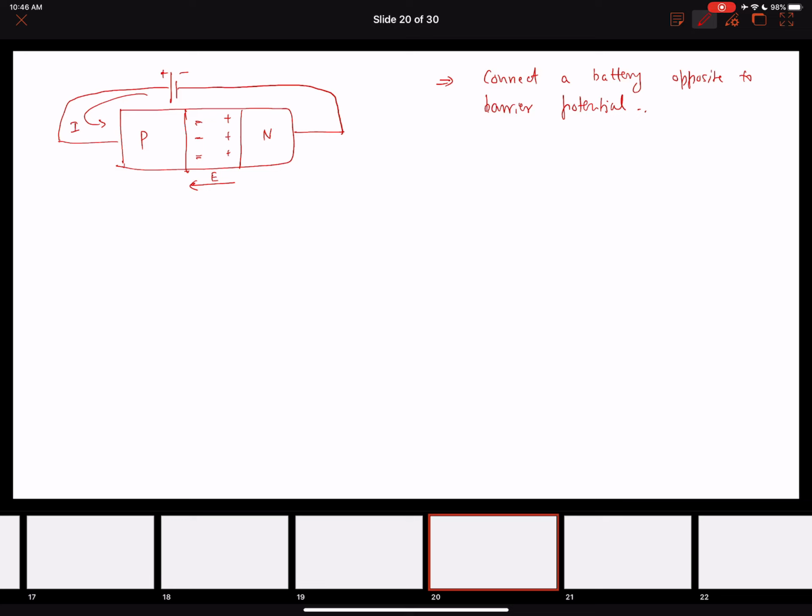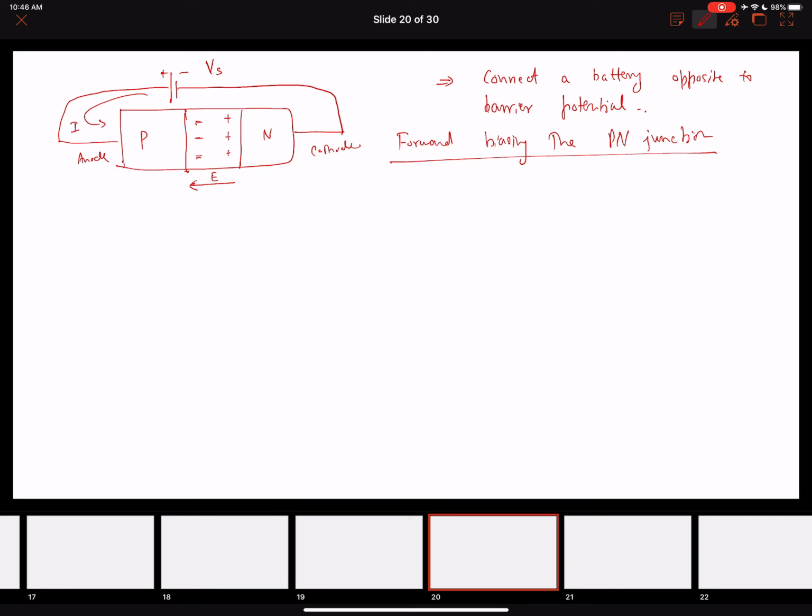And if you also realize, since this terminal is anode and this terminal is cathode, this is the same as forward biasing the diode, right? So this is equivalent to forward biasing the PN junction. Okay. Let's call this the source voltage or input voltage.